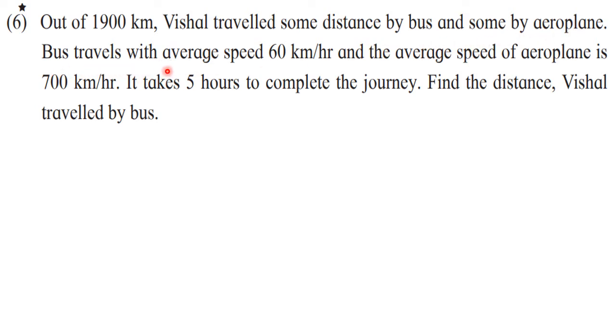Bus travels with average speed 60 kilometers per hour and the average speed of aeroplane is 700 kilometers per hour. It takes 5 hours to complete the journey. Find the distance Vishal traveled by bus.